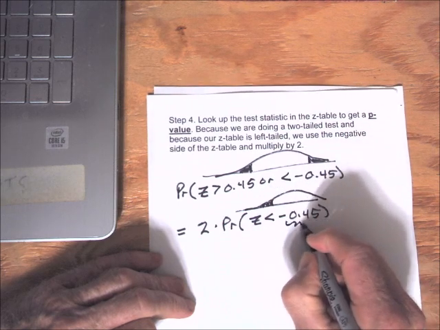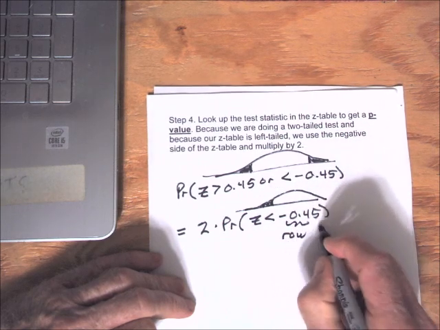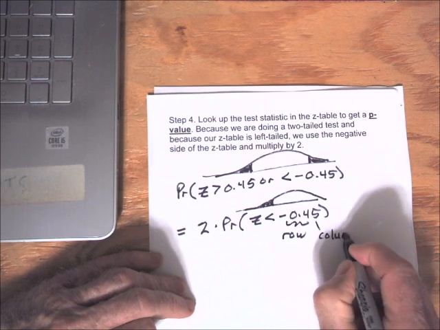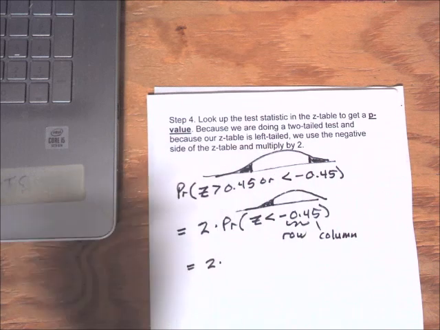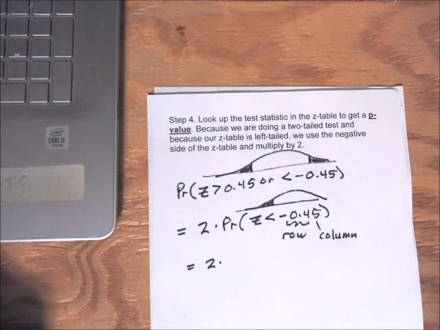And then we can look in row negative 0.4, column 5 of the z-table, and see what we get.